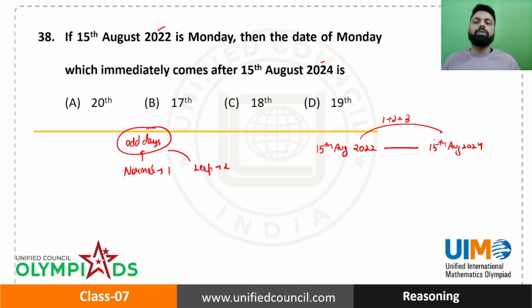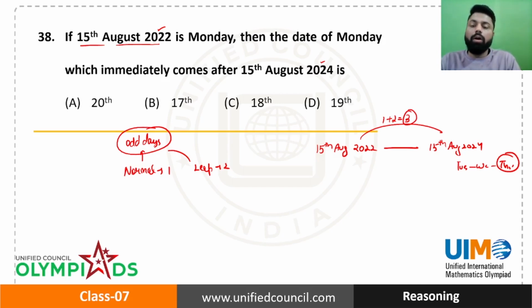So 3 odd days. That means if on 15th August 2022 it was Monday, then it will be Tuesday, Wednesday, Thursday. On 15th August 2024, it is going to be Thursday.